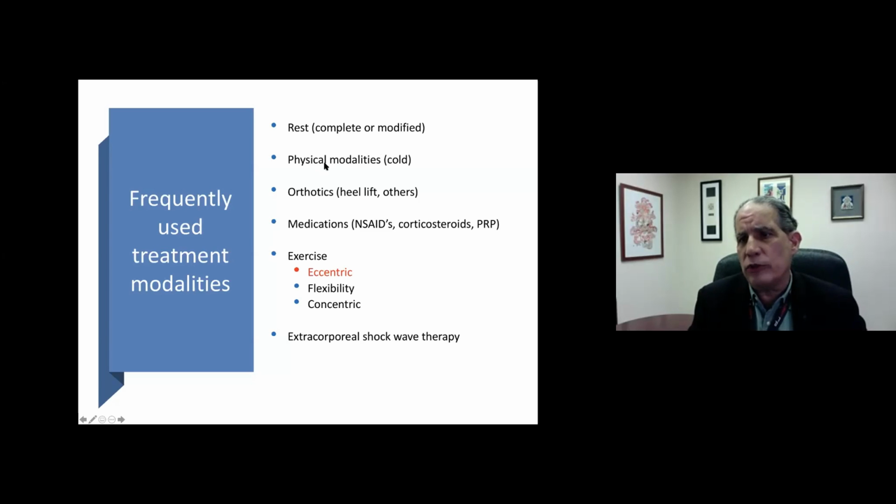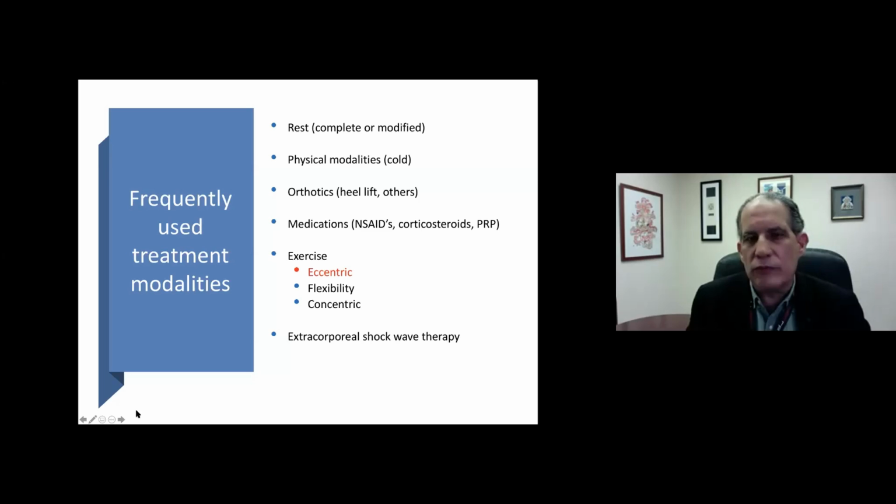We have some modalities here with cold, maybe heat, orthotics in the case of Achilles tendinopathy. Medications, and we're going to talk about some of them. Exercise, which from my perspective is the key element in the rehabilitation. And then new modalities like shockwave therapy.